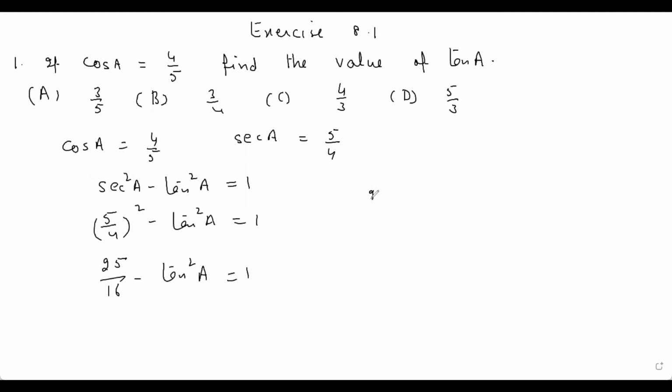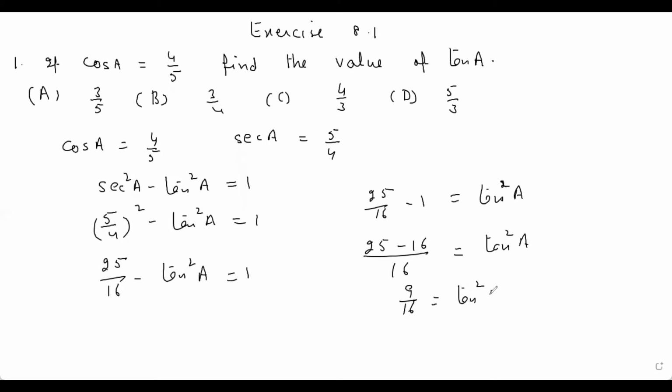It means 25 by 16 minus 1 is equal to tan square A. 16 is the LCM. 25 minus 16 in the numerator is equal to tan square A. 9 by 16 is equal to tan square A. So tan A is equal to 3 by 4.